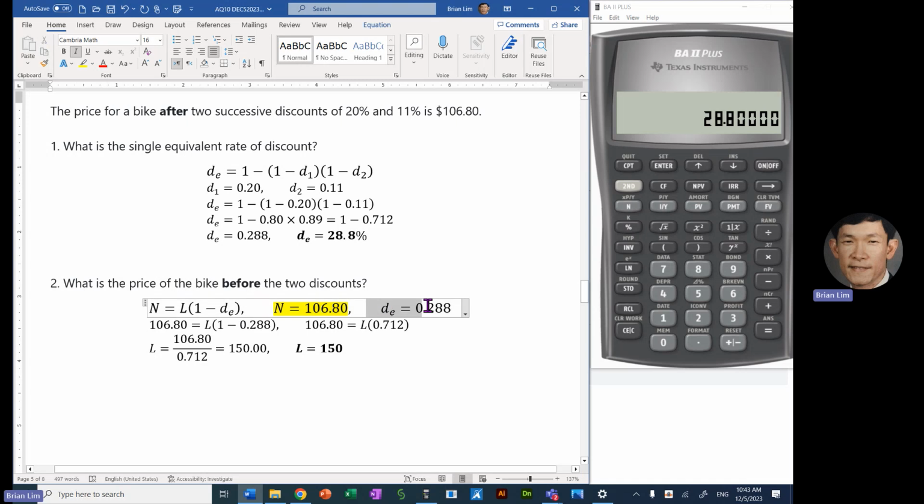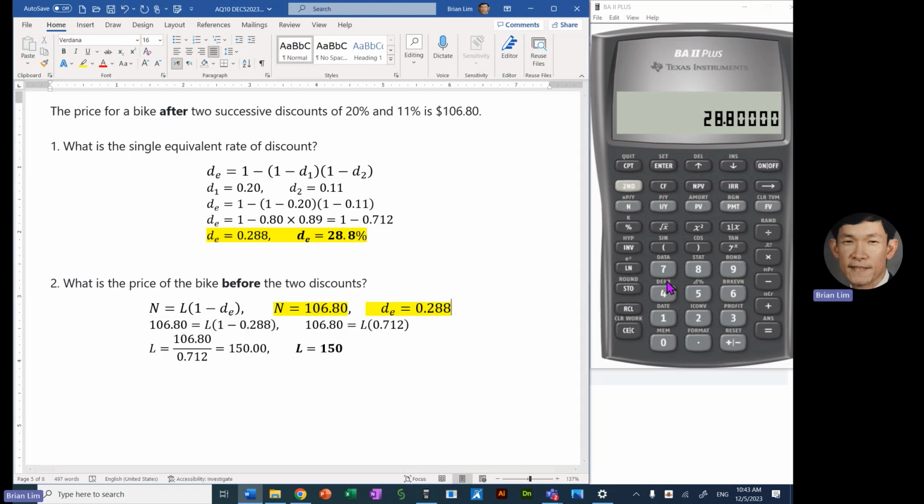The single equivalent rate of discount is 0.288. That is the value that was right up here, correct? Yes, we computed that value previously. So there's the decimal, there's the percent. So we have those two numbers. We insert them into this formula right here. So we go 28.8.